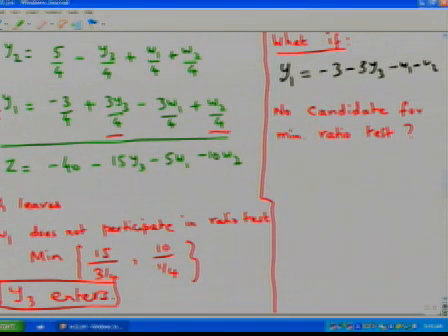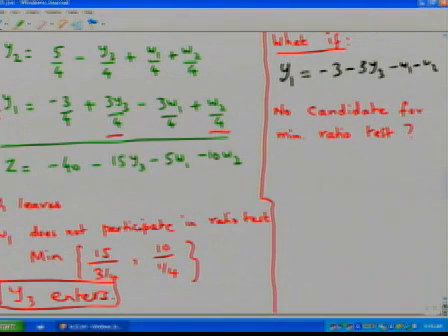And you have y1 equals -3 minus something, minus something, minus something. Each of those quantities is a positive quantity. So y1 has to be negative in any solution. So how can you ever have a positive value for y1? It's just not possible.